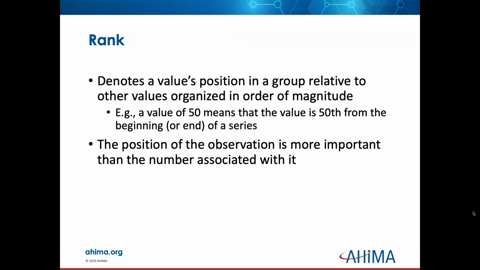Rank. This denotes a value's position in a group relative to other values organized in order of magnitude. So a value of 50 means that the value is the 50th from the beginning or end of a series. The position of the observation is more important than the number associated with it.